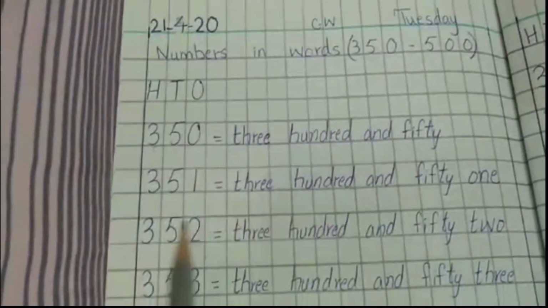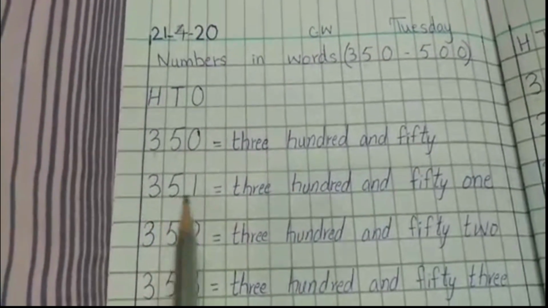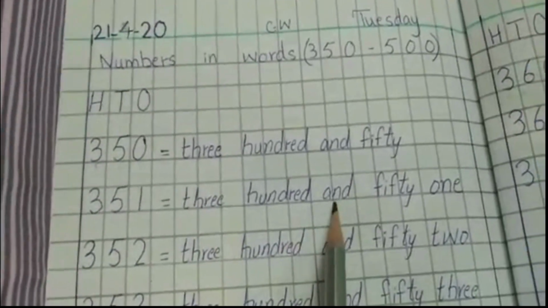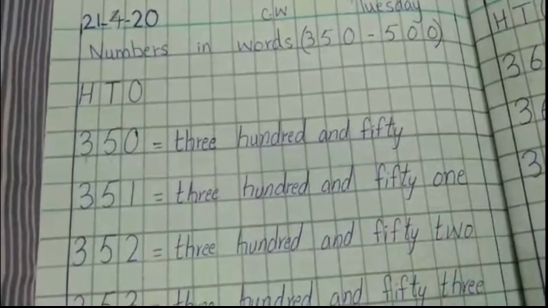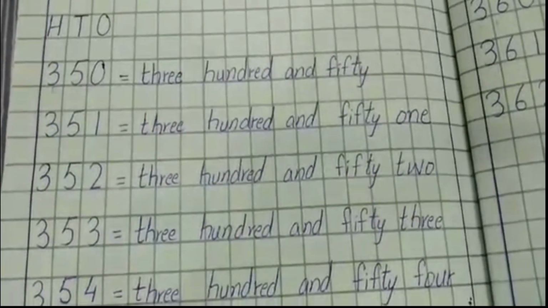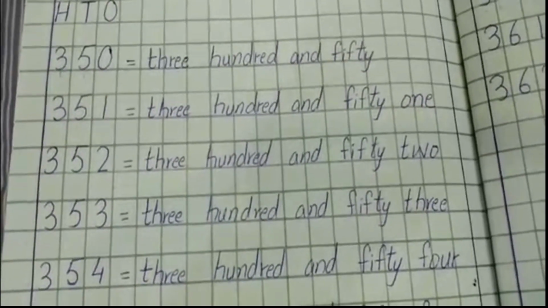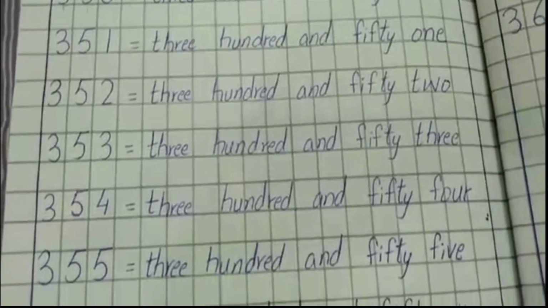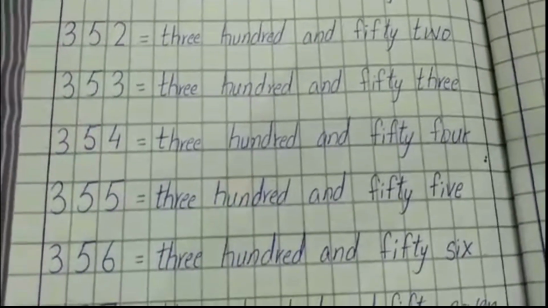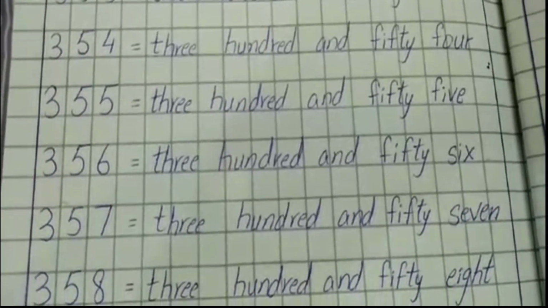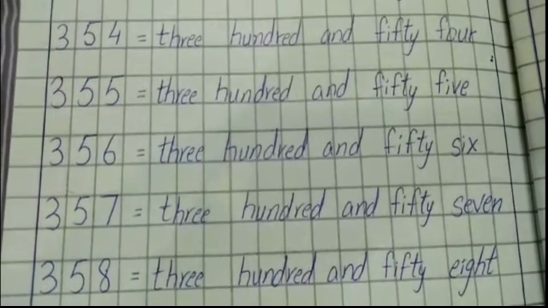The next number is 351, equals to 351. You can see that while writing numbers in words, I have followed all the rules. All the alphabets are small. There is no full stop at the end of any number in words. And there is proper space between each word.